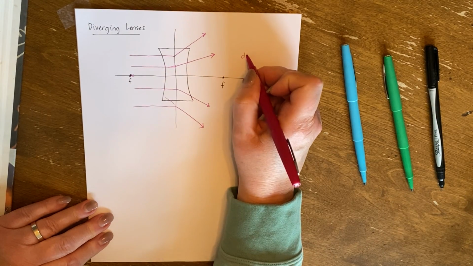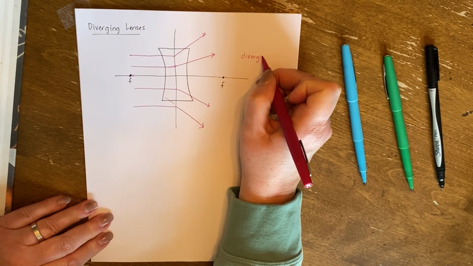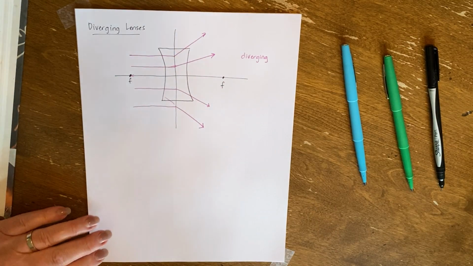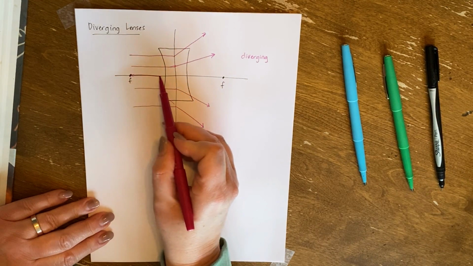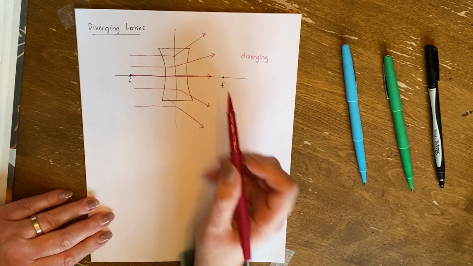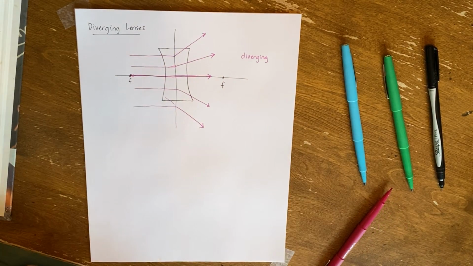So on this side, they're diverging away from each other, okay? Obviously, when we're going like this, it would just be straight. Okay, so there's a good picture of this on page 408. So that kind of shows how a diverging lens works.